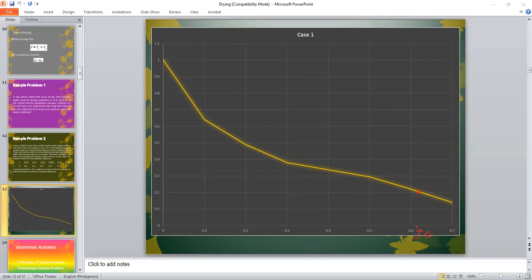Okay, so if it's 0.6125 here, it depends on your reading actually.